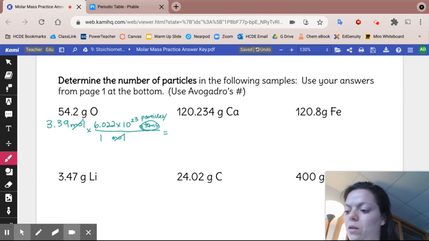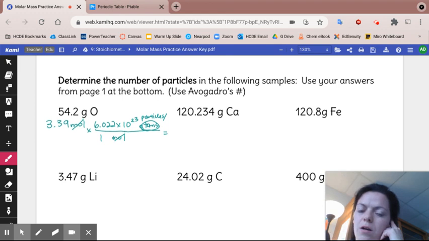Get out my handy-dandy calculator because there's no way I'm doing that in my head. 3.39 times 6.022 times 10 to the, pull up my scientific version, to the 23rd.